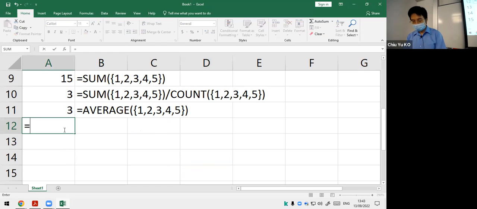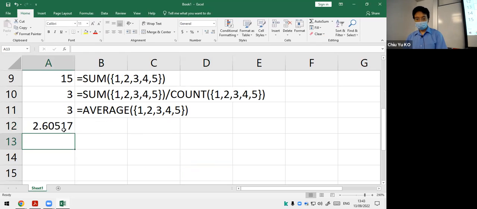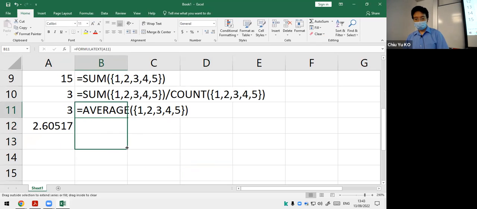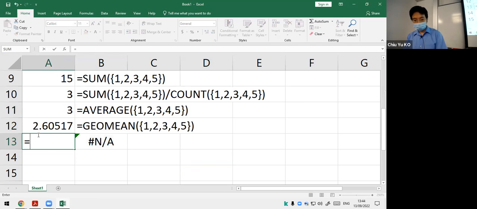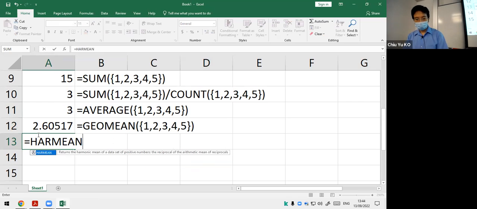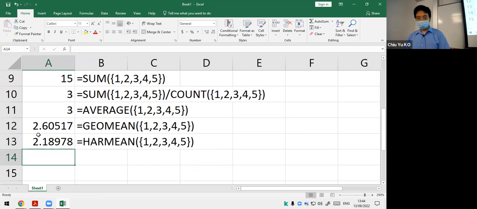So you can have GEOMEAN, geometric mean, and again 1, 2, 3, 4, 5. You can also do HARMEAN, harmonic mean, 1, 2, 3, 4, and 5. I'll stop here a little bit and go around to see if you're able to do it.